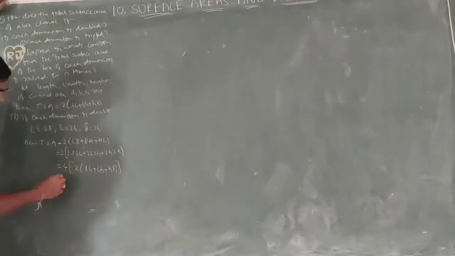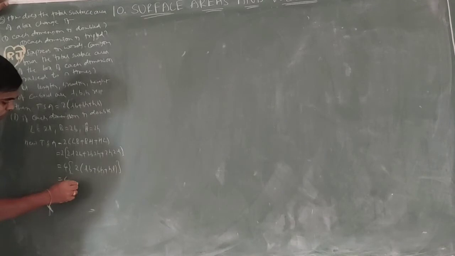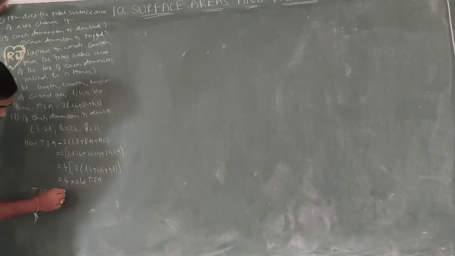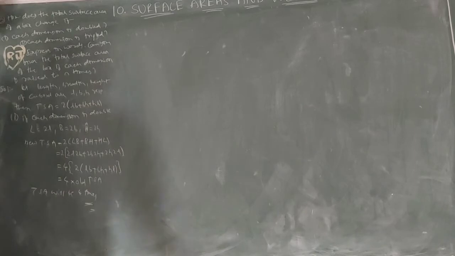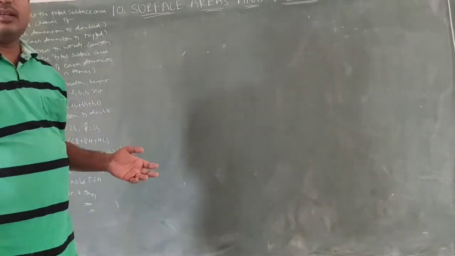This is 4 times the old TSA. So if each dimension is doubled, then TSA will be 4 times.